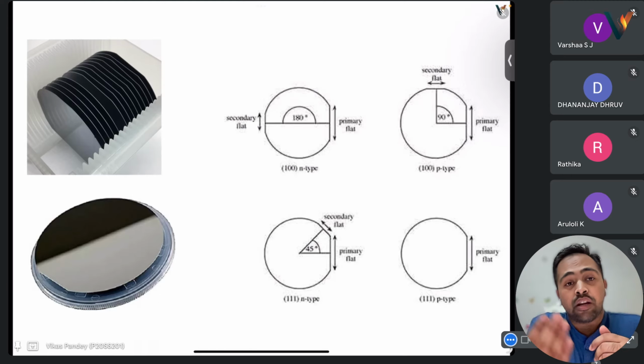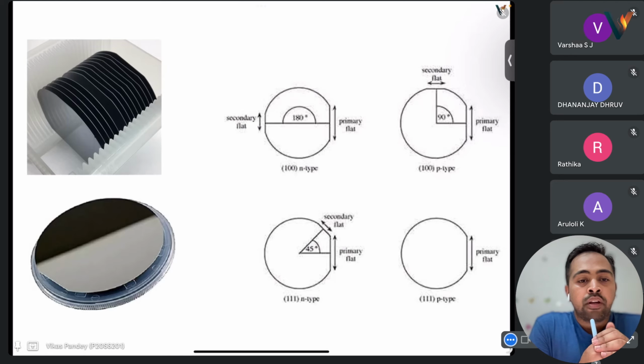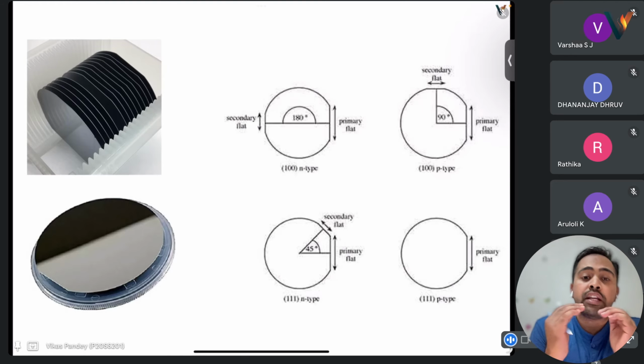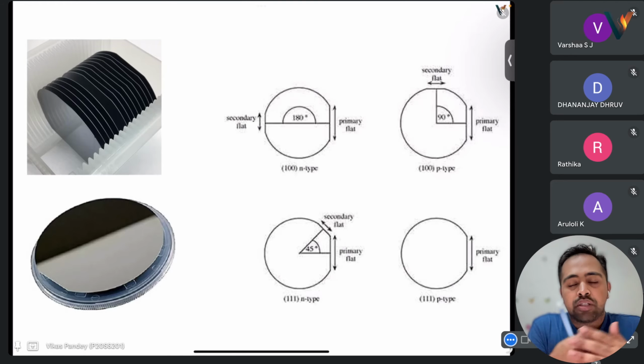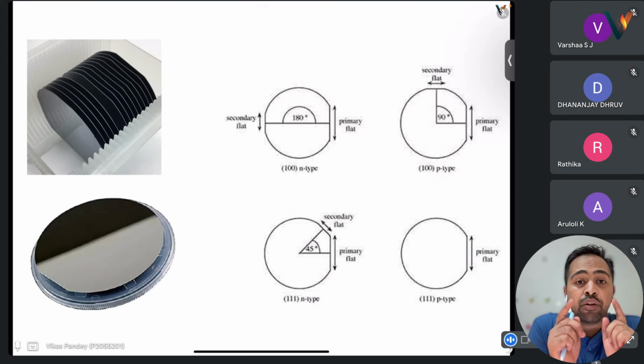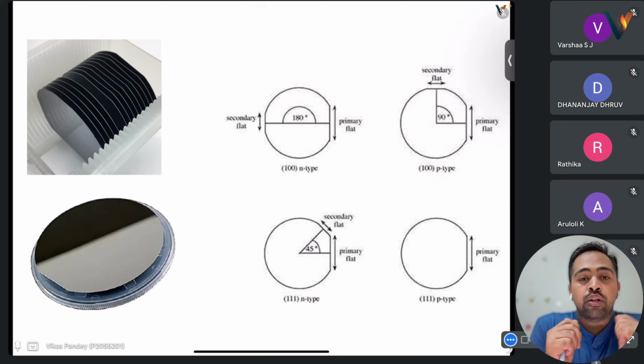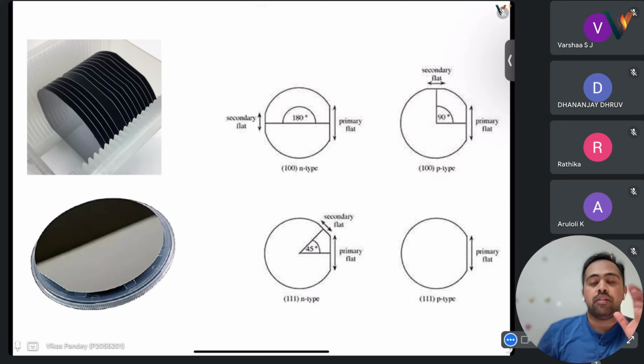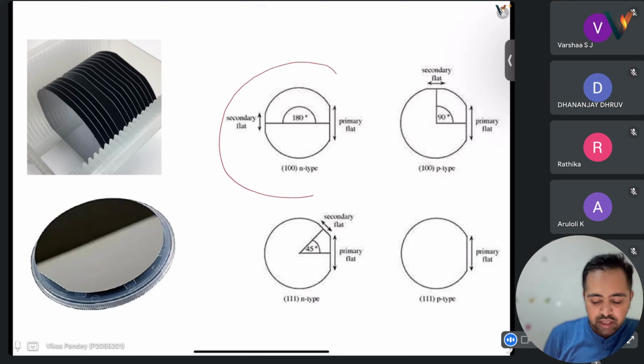In general, there are wafers which will have both the sides polished, like they will be shiny. There are such wafers also, and in MEMS, mostly we use both side polished wafers. But if you buy a general silicon wafer, it will be one side polished and circular in shape with some cut marks.